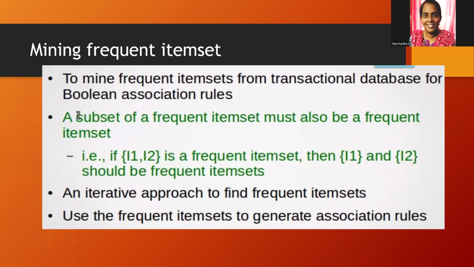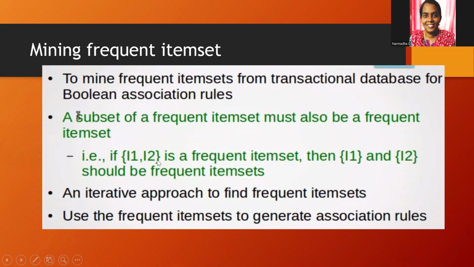Now the objective of the Apriori algorithm is to mine the frequent item sets, that is, to extract the item sets that are most frequently purchased. To extract the frequent item sets, there is a rule, highlighted in green: a subset of a frequent item set must also be frequent.